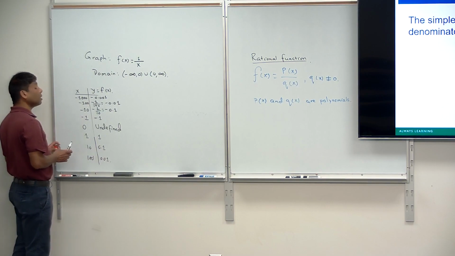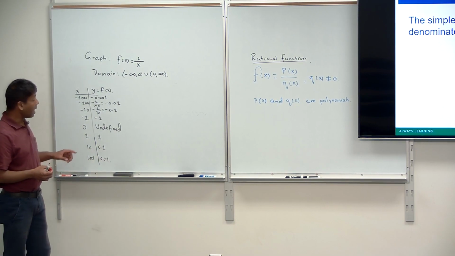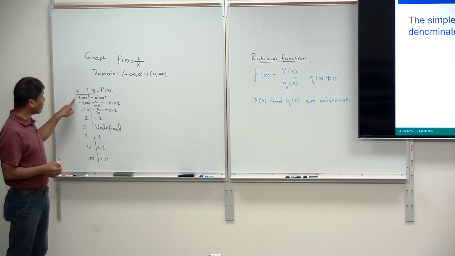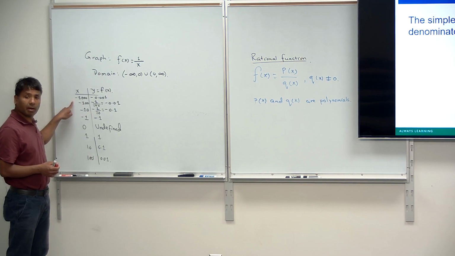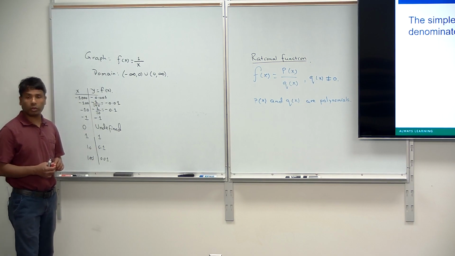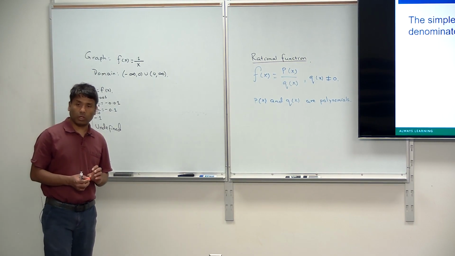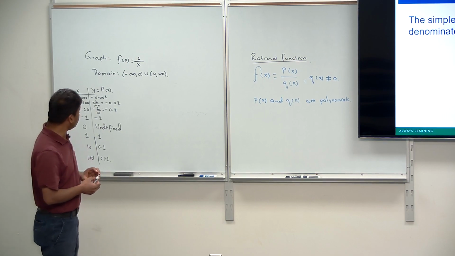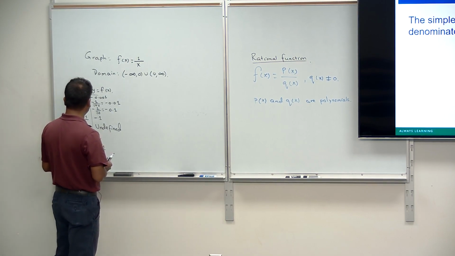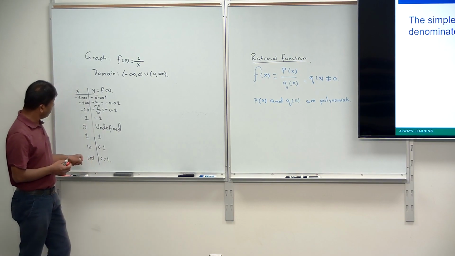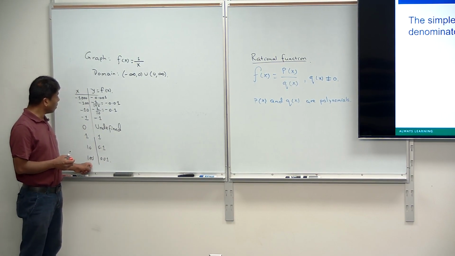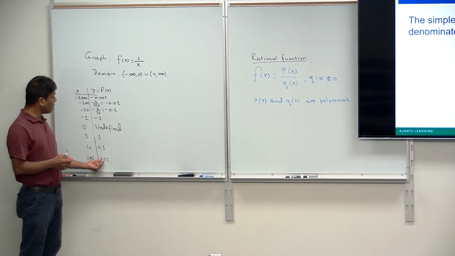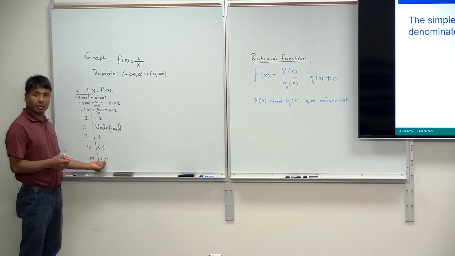So we observed that as the value of x approaches a very, very big negative number, the y value goes to 0. And the same thing here: as x is a very, very big positive number, the y value also approaches 0. You see that?